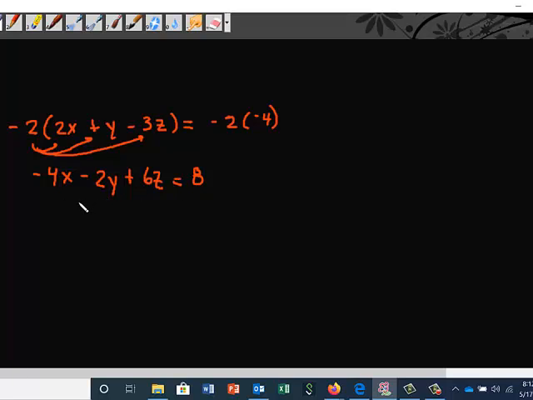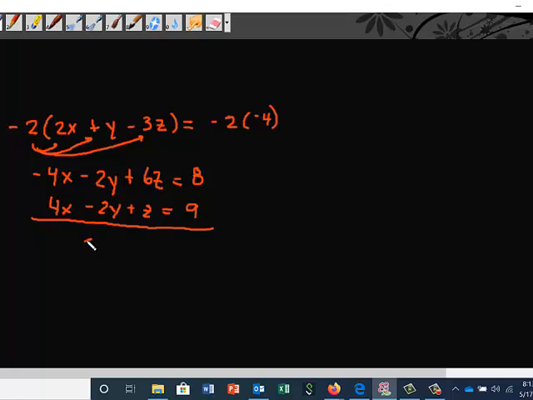Now, we're going to add this to equation 2, which we see as 4x minus 2y plus z is equal to 9. So we'll add these together, and as you see here, the x terms will eliminate, will go away.